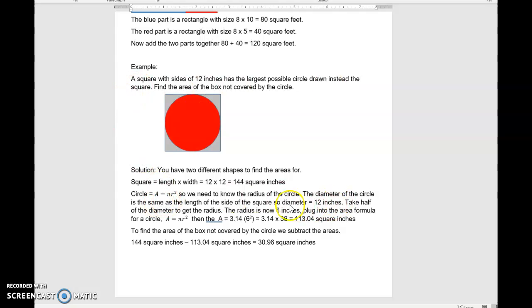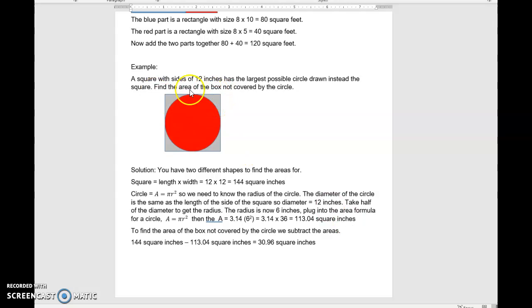So to find the radius, we're going to take half of the diameter. So the radius is now 6 inches. I'm going to plug this into the area formula. Area is equal to pi r squared. We get A is equal to 3.14 times 6 squared. When I do my calculations, I get 113.04 square inches. That's just the circle part.